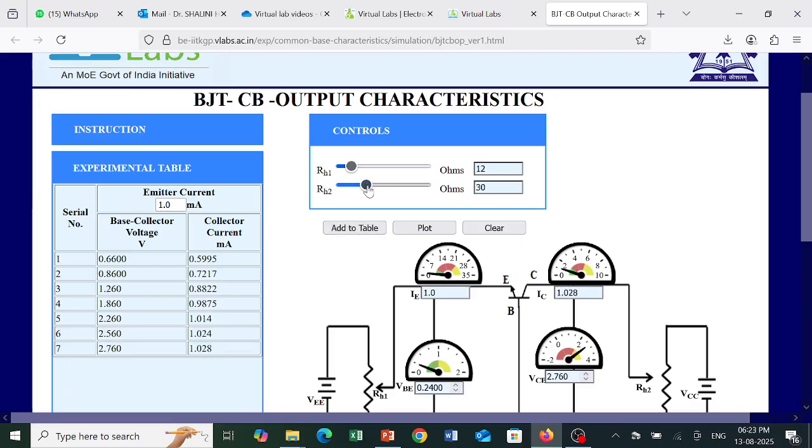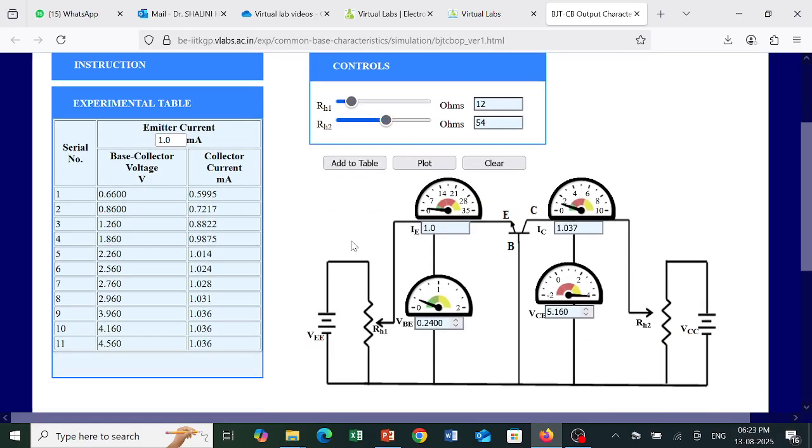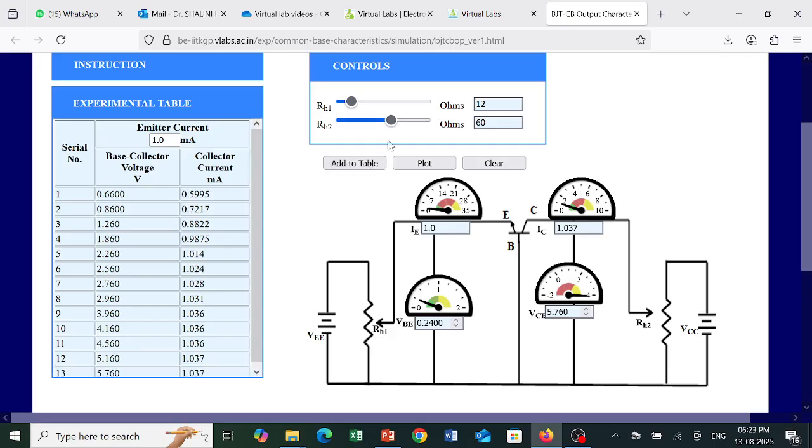Now we can observe from the graph that after 1 milliamp there is an almost constant value. The values are varying by 0.01, so it is almost constant. See, at the 11th and 12th serial numbers we are getting almost constant values.